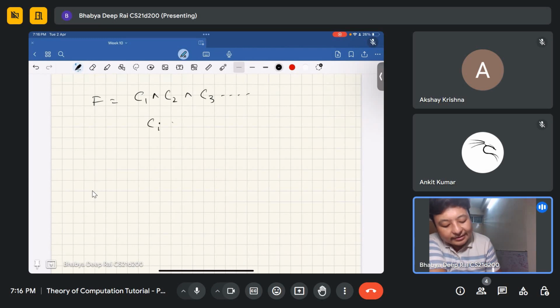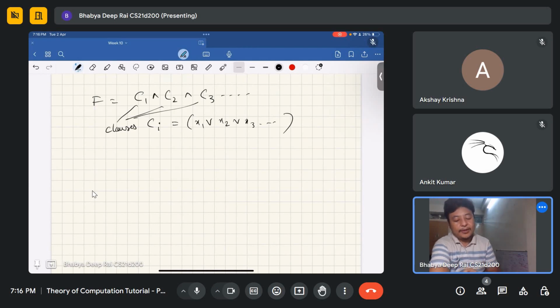And each of the clauses is of the form x1 or x2 or x3 and so on. These are called clauses.